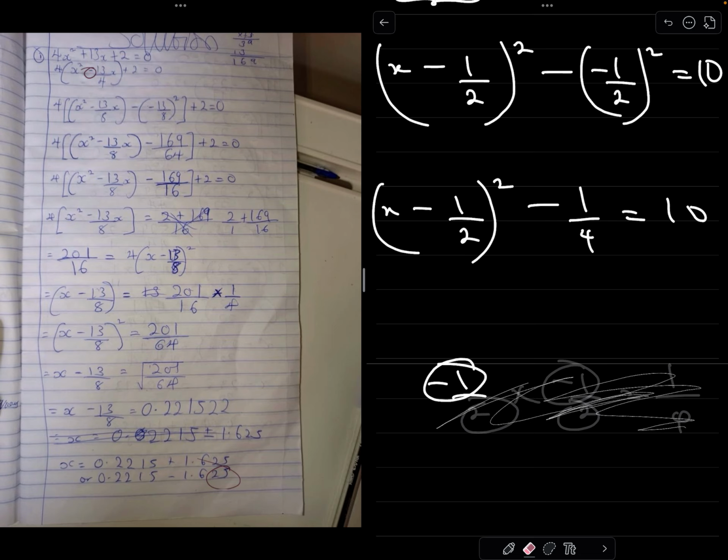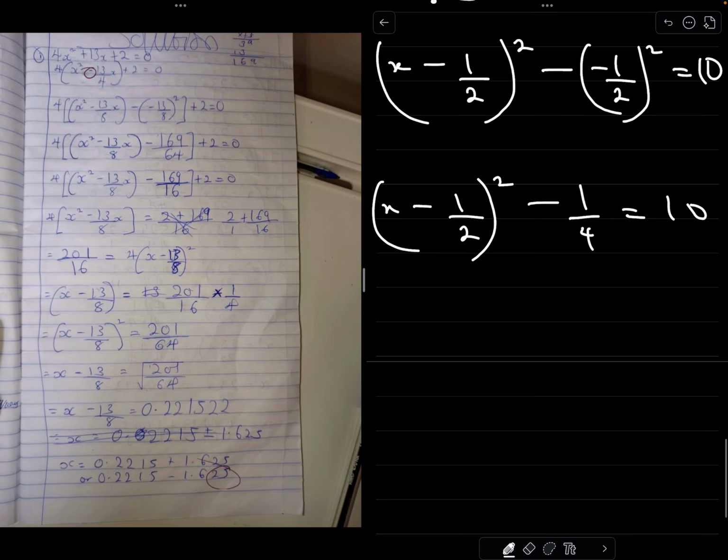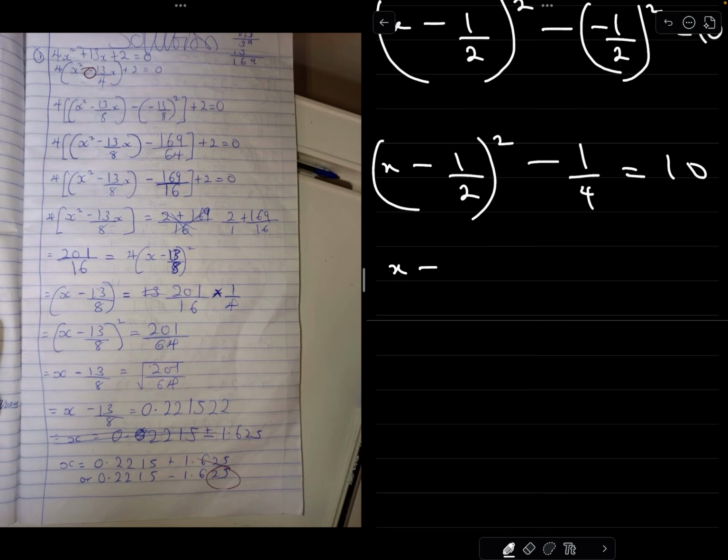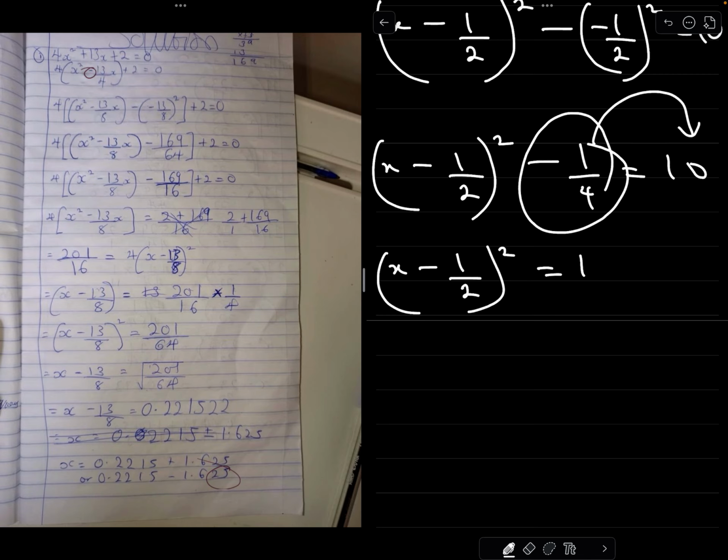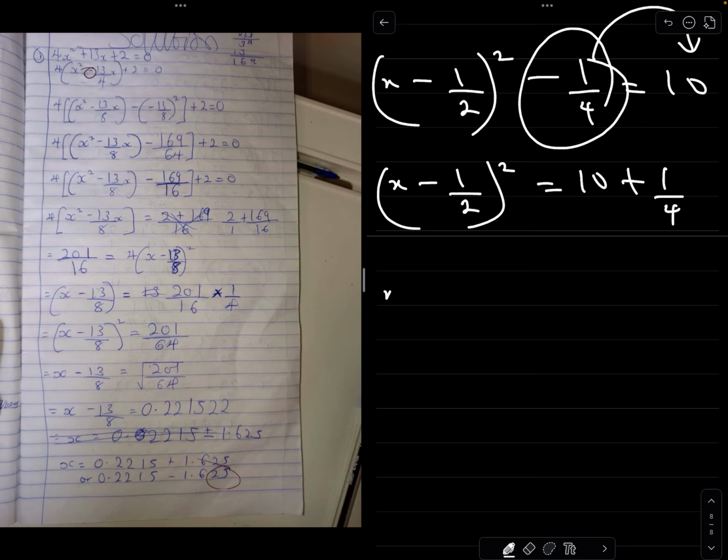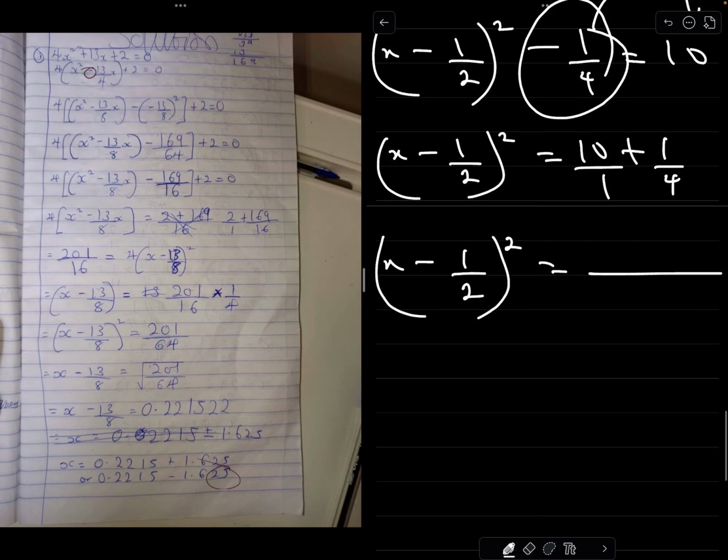And to the next step, that simply means x minus 1 over 2 all square is equal to, we can now move minus 1 over 4 to the right hand side, and it becomes plus 1 over 4. Let's add what we have on the right hand side.